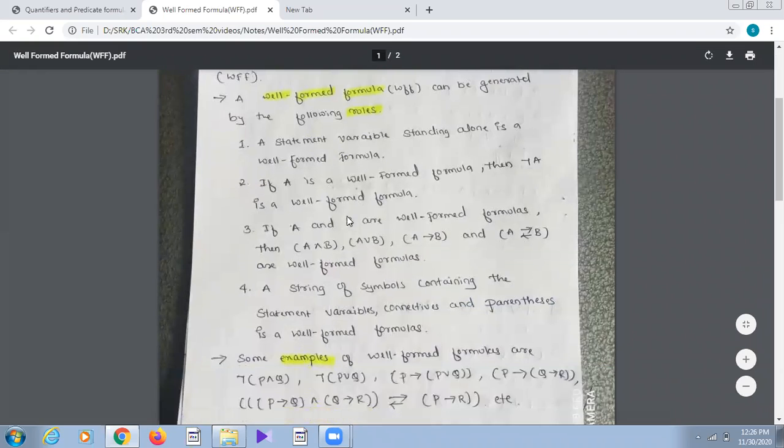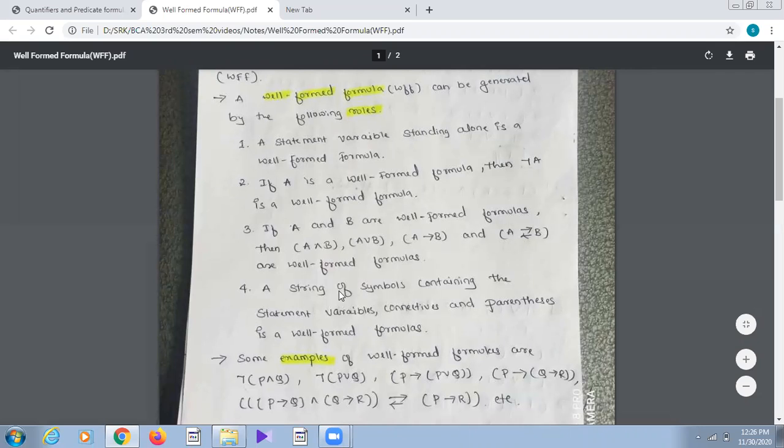If A is a well formed formula, the negation of that is also a well formed formula. If A and B are two primary statements, the combinations of these connectives, A conjunction B, A disjunction B, A conditional B, A biconditional B, are also well formed formulas. Any string of symbols containing statement variables, primary statements, plus connective symbols and parentheses are called well formed formulas.